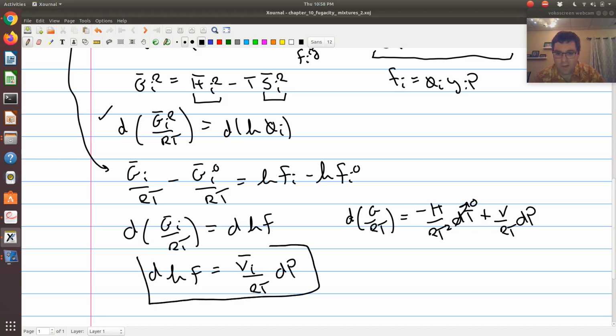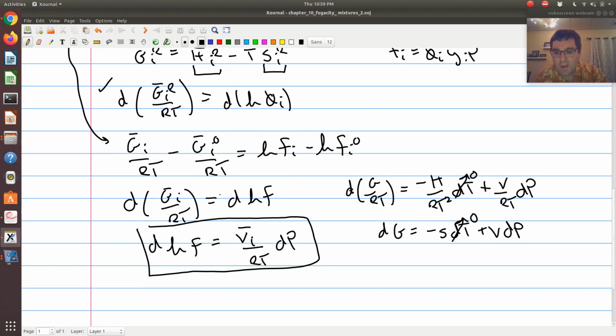Again, you're going to have to fact check me on this, but I think it's V bar i over RT because if I just think back to G, dG is equal to negative S dT plus V dP. Again for an isothermal process, that's 0, so dG is V dP, so it should be dG is V over RT dP for that isothermal process, right? That should be the same. Okay, so I think I'm right. So I could get an expression for the differential of log F would be partial molar volume over RT dP.